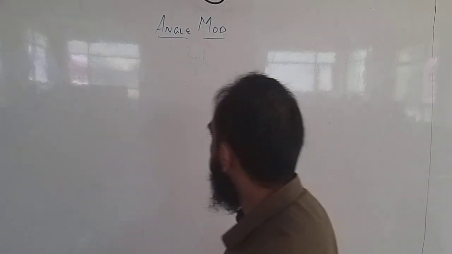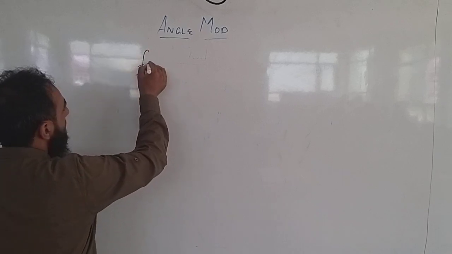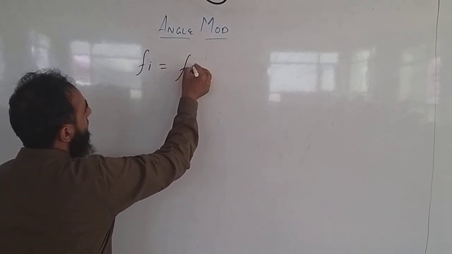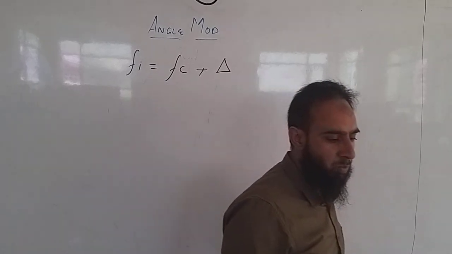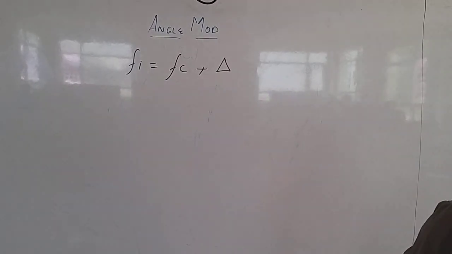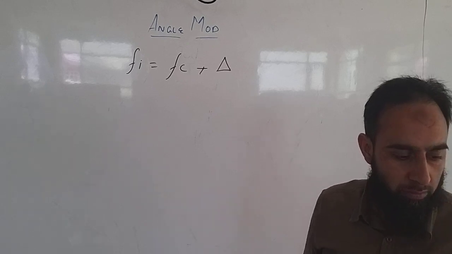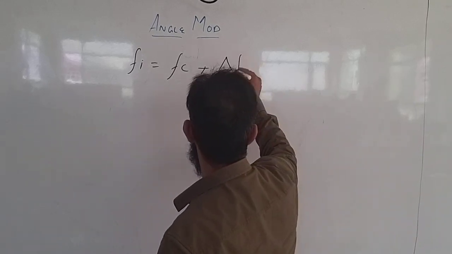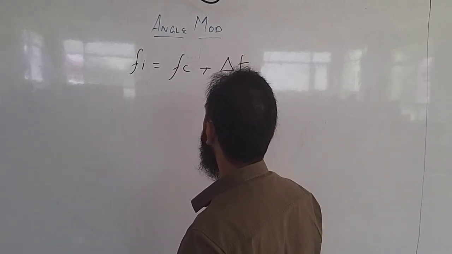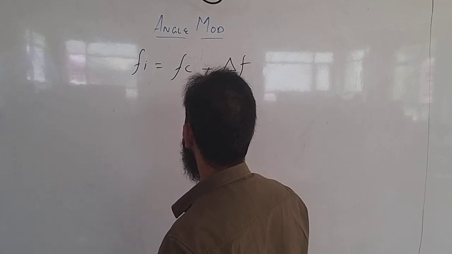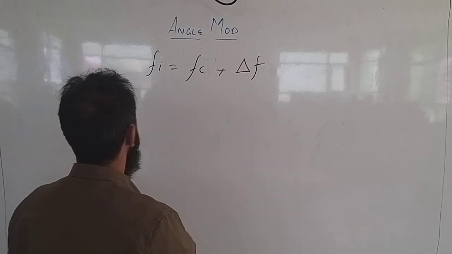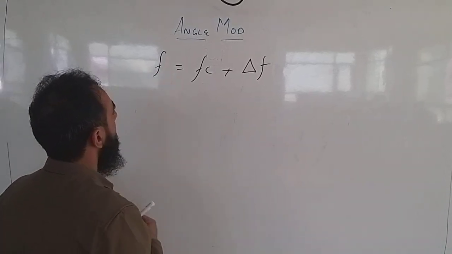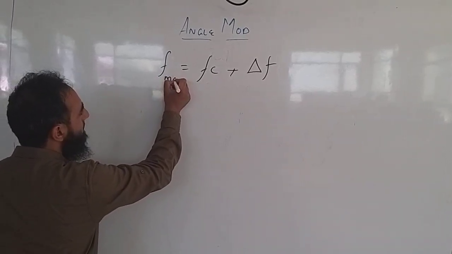So I can write the same thing as Fi is equal to Fc plus delta F, rather I will write F max.